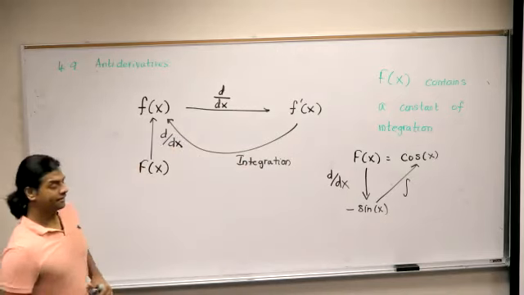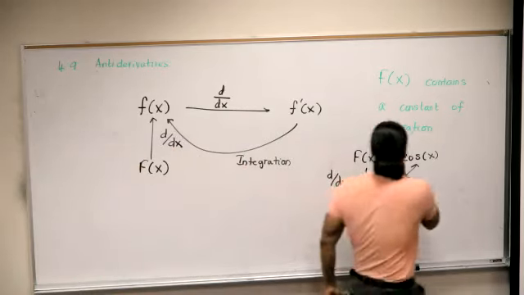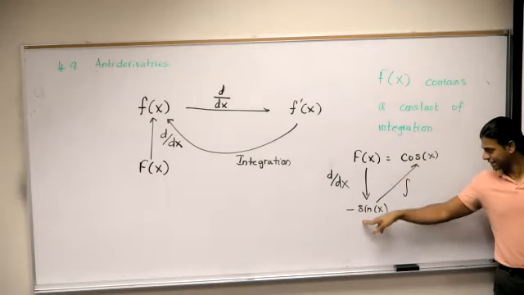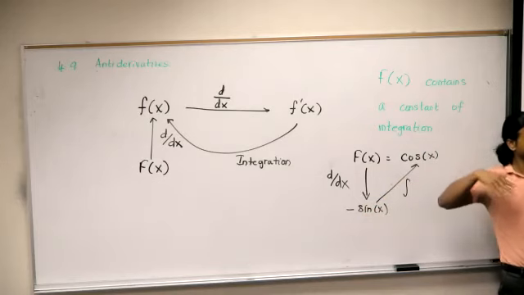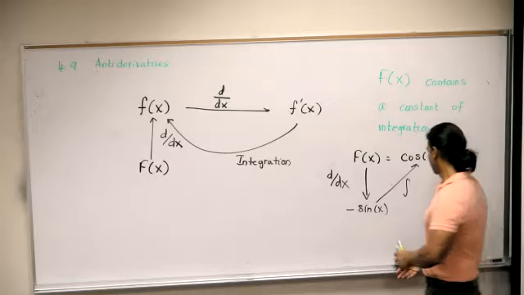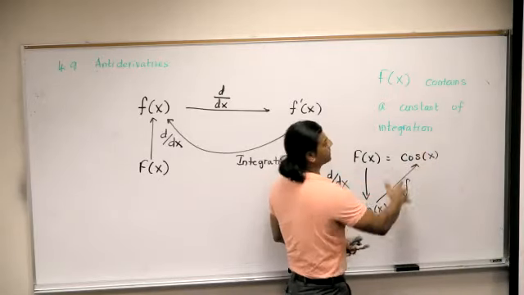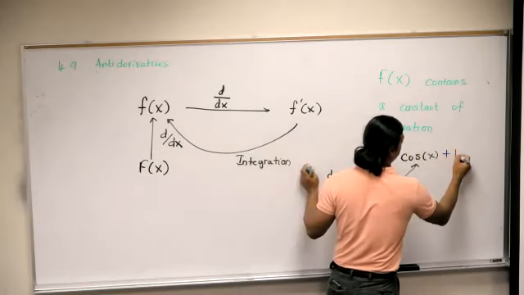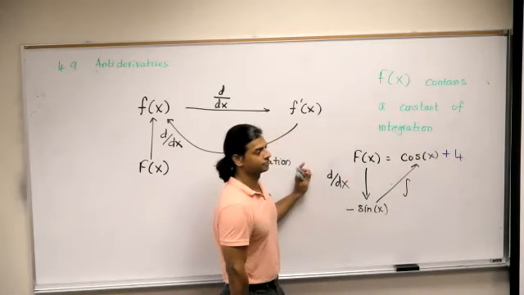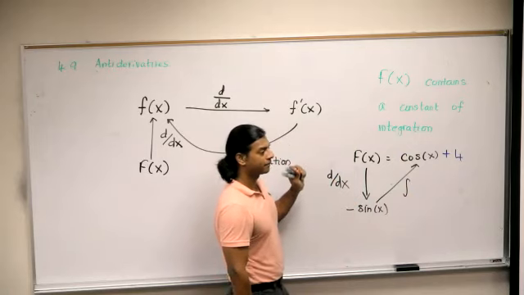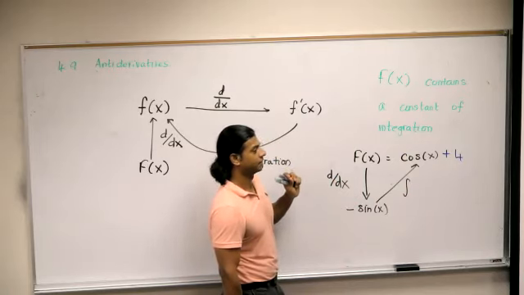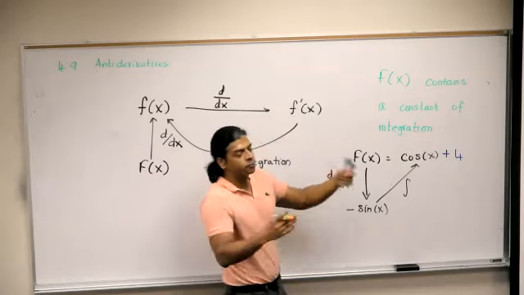Here is the catch. I have the antiderivative. I take the derivative to get negative sine x, which is the original function. But this answer is not unique, in the sense that if I add 4, I'll still get the same thing. You wouldn't know, let's say you started from sine x, you'd have to do plus c. Exactly, because I wouldn't know.